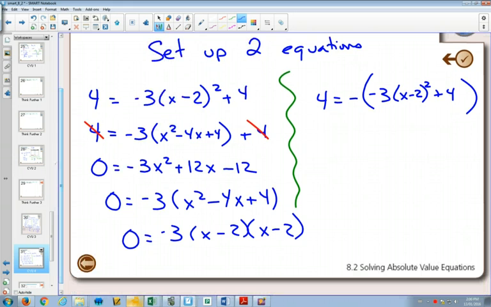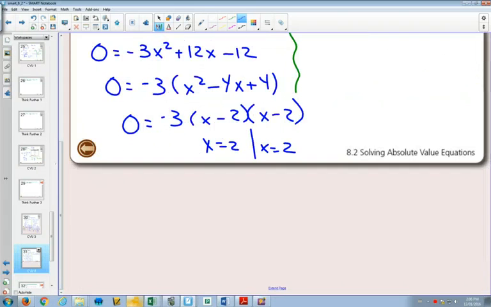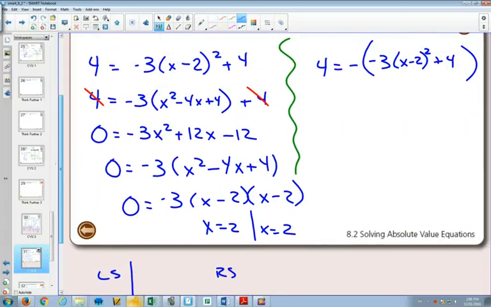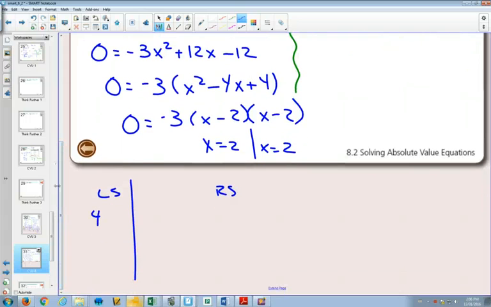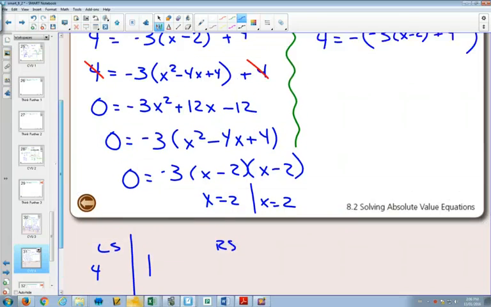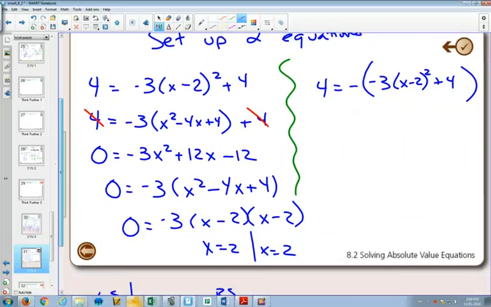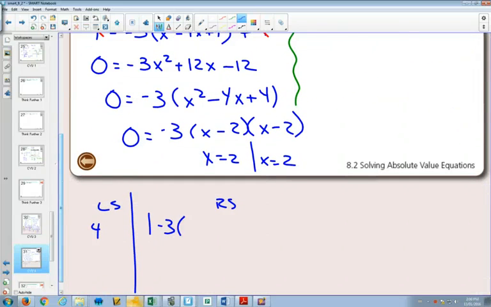What's our answer going to be? X equals 2. Let's do the verification right now. Let's check our left side. Let's check our right side. Our left side was just a number, right? It was just 4. Our right side had the absolute value of negative 3 times x minus 2 squared plus 4.